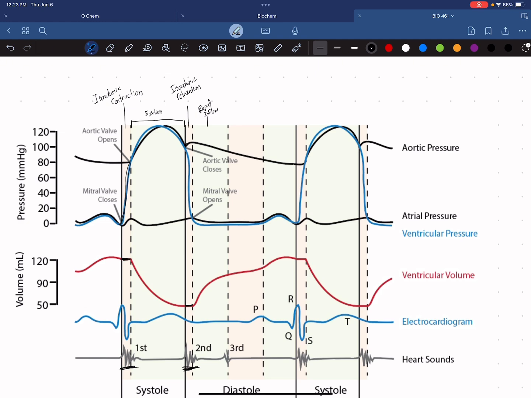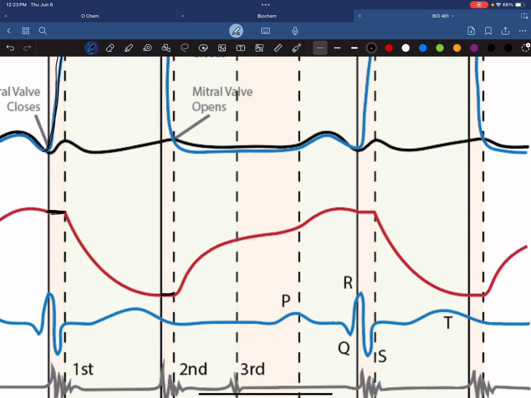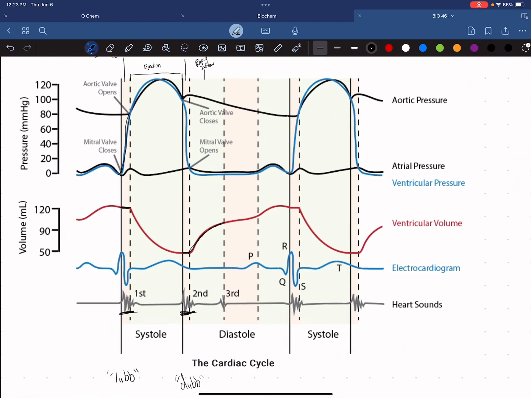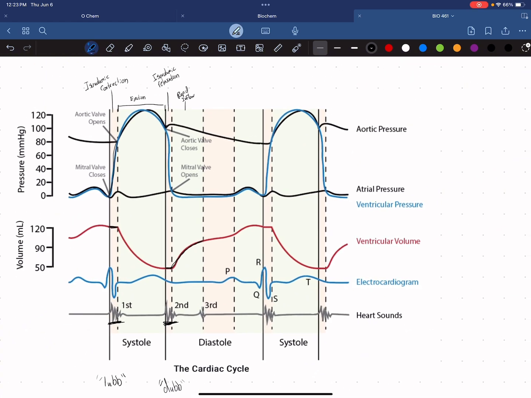As we relax, the flow of blood into the ventricles is passive. It comes into the atrium and into the ventricles passively during this relaxation phase. That is where we see the rapid increase of ventricular volume. About 70 to 80% of the ventricles will be filled with blood during this time.